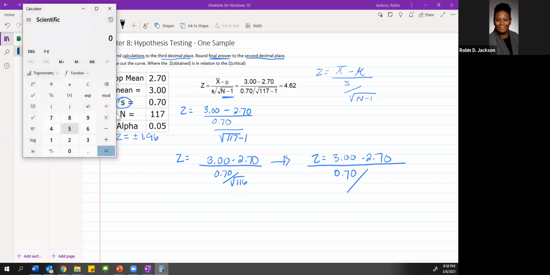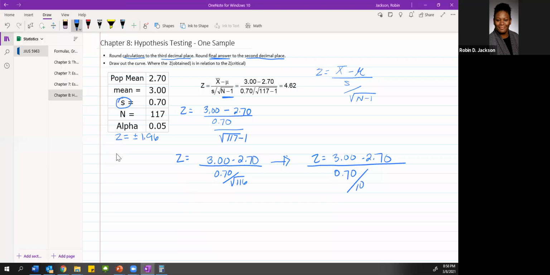All right, so we know that 117 minus 1 is going to be 116. Square root of 116 in this case is 10.770. So we divide 0.70 by 10.770. Now let's go ahead and come on over here and do the next set of calculations.